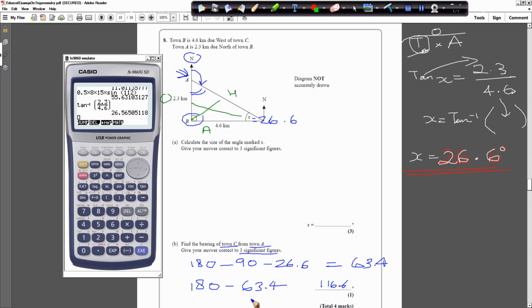We have 116.6 over here. That's not my answer, by the way. That's a mistake in the mark scheme as well. So let's just edit that. 116.6 to 3 significant figures, so 1, 2, 3, and stop there. So the final answer would be 117.